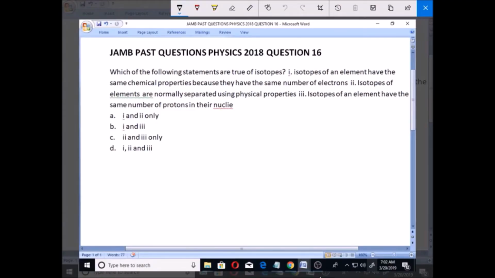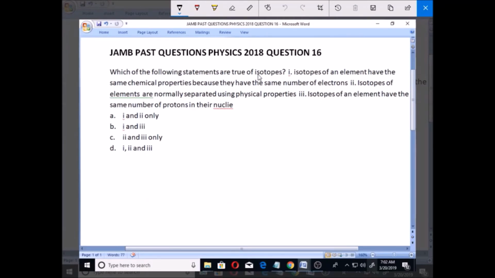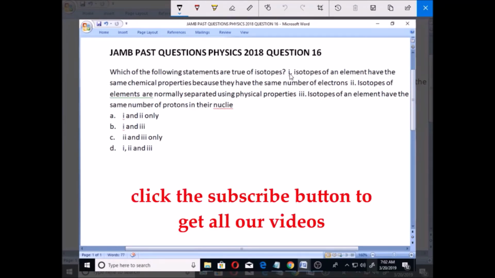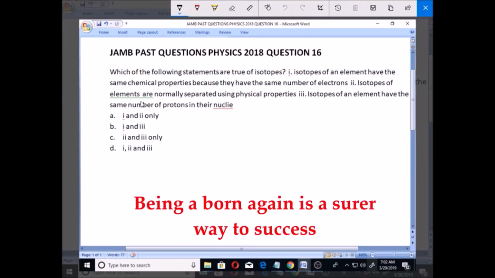This is question number 16 for JAMB past question physics 2018. The question goes like this: which of the following statements are true of isotopes? I. Isotopes of an element have the same chemical properties because they have the same number of electrons. II. Isotopes of elements are normally separated using physical properties.